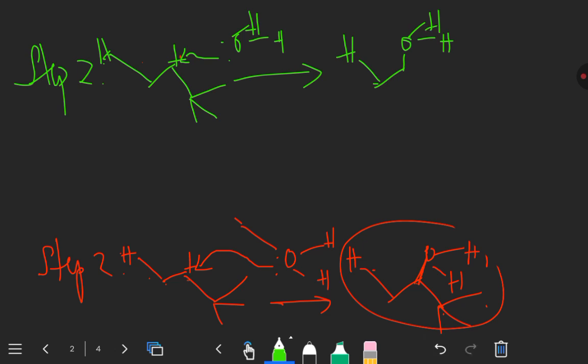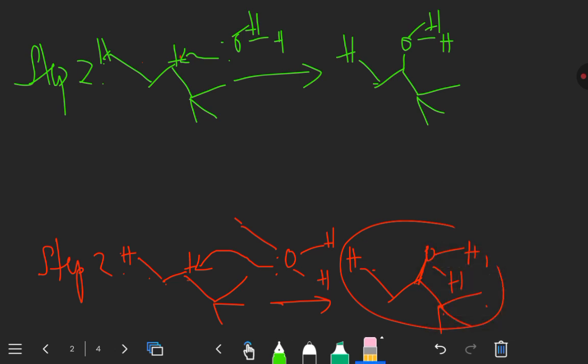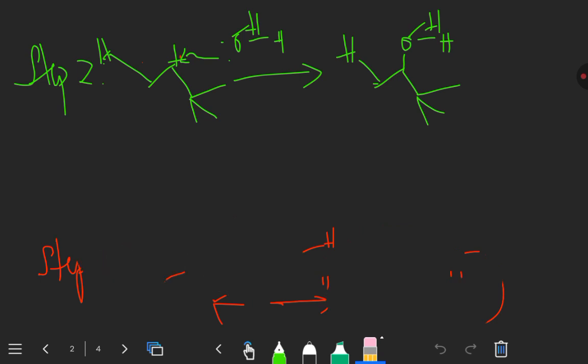Okay, so it's bonded to water like that. Then this is bonded to three different things. Okay, so this is what we had.